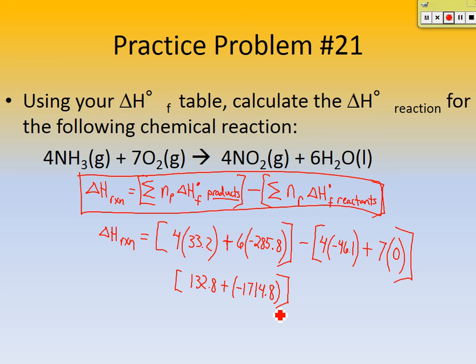Okay, let's keep going. We're going to minus off 4 times a negative 46.1, which is a negative 184.4. Now, what's 7 times 0? Well, it's just 0, so I'm just going to leave it off. Okay, so now let's simplify what's in this bracket.